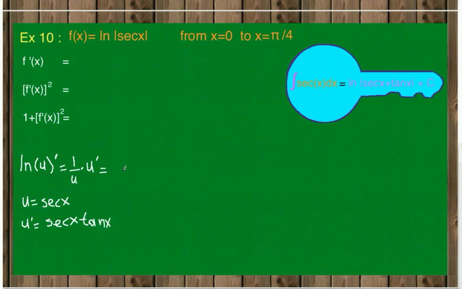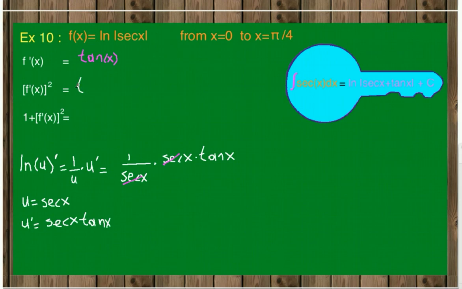And if we write it here, 1 over secant x times secant x tangent x. Here, if we simplify, secant x cancels out and it's going to be equal to tangent x. So our derivative is tangent x. Now we're going to square that quantity.